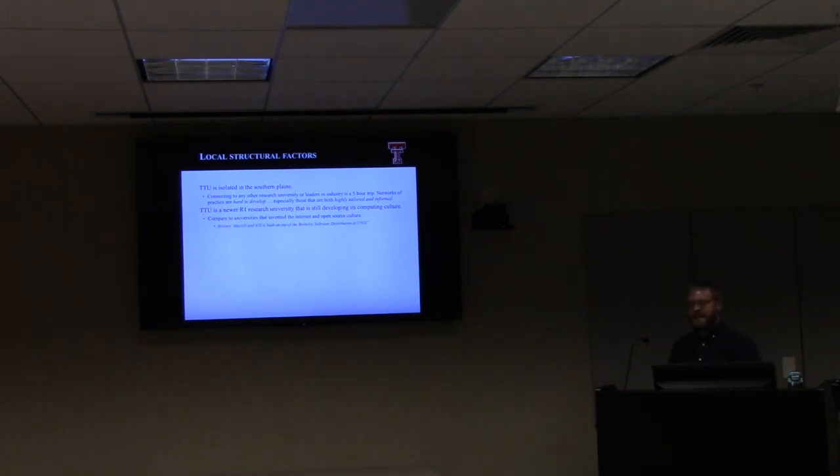So, for instance, macOS, the laptop I'm running on, and my iPhone in my pocket are all running the Berkeley software distribution of Unix, a derivative of that. But that work was done in the 60s and 70s at Cal Berkeley, and that's now had this massive impact. But that's the kind of heritage that many of these other institutions have and that they're working with. I don't expect to have that here.